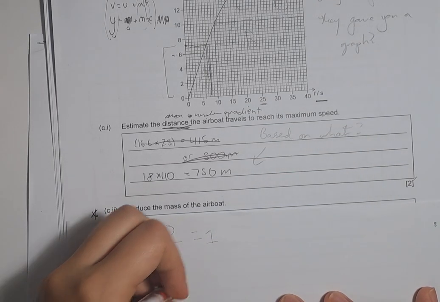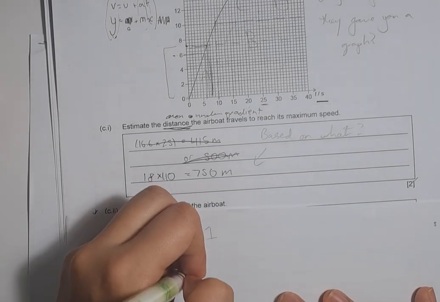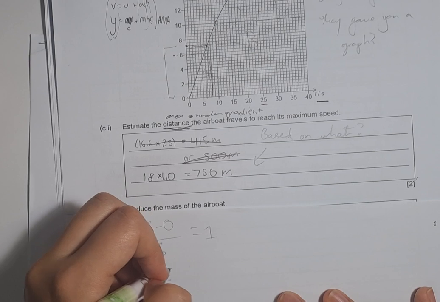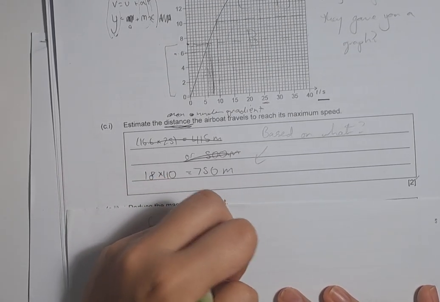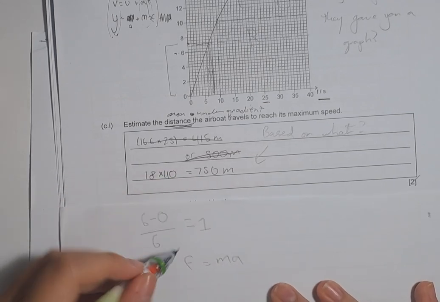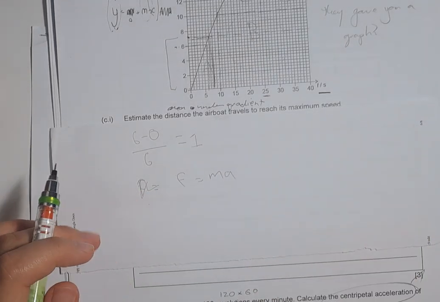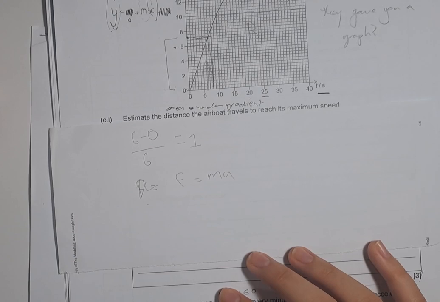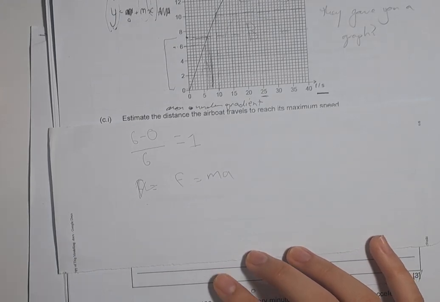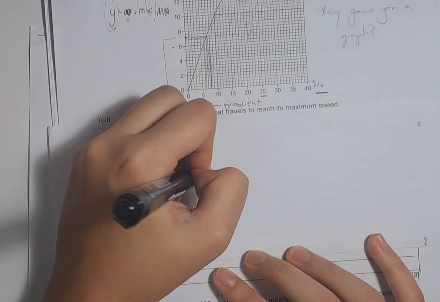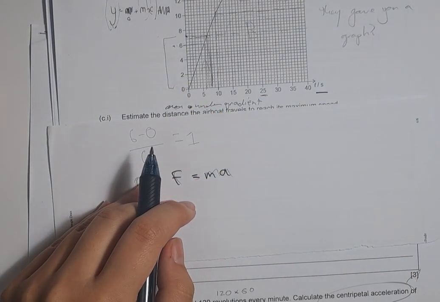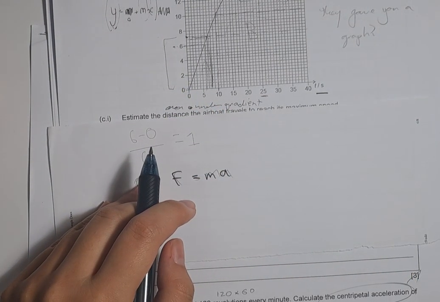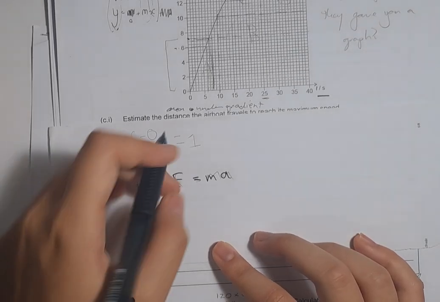From either the given, which was, and so we use force equals mass times acceleration. Again, I hope it's on the page. Maybe I should write this again. Force equals mass times acceleration. Newton's second law, I think.